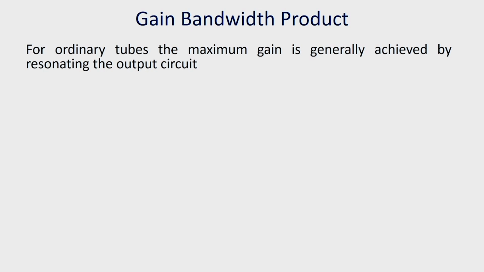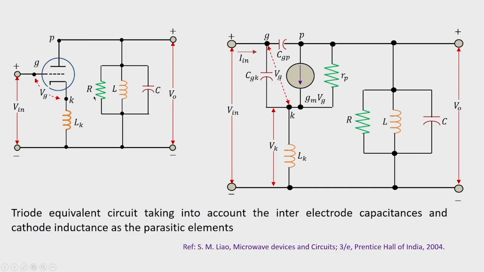So, if we consider the circuit here, we see that there is an RLC resonator circuit present, and what we assume now is that omega Lk is very small as compared to the plate resistance Rp.